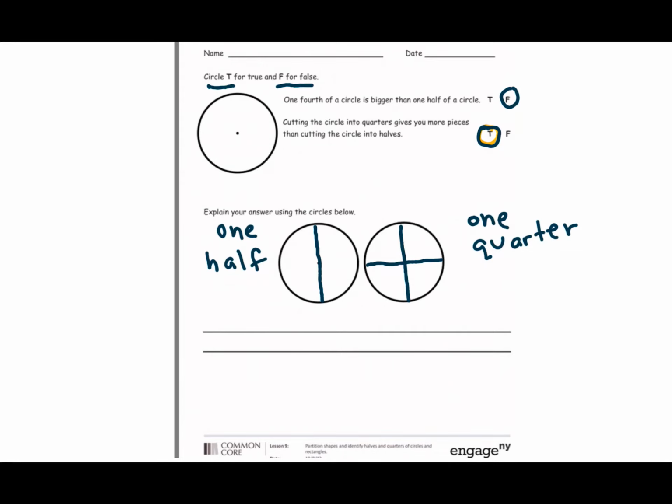So we could write down here, quarters means 4 parts.